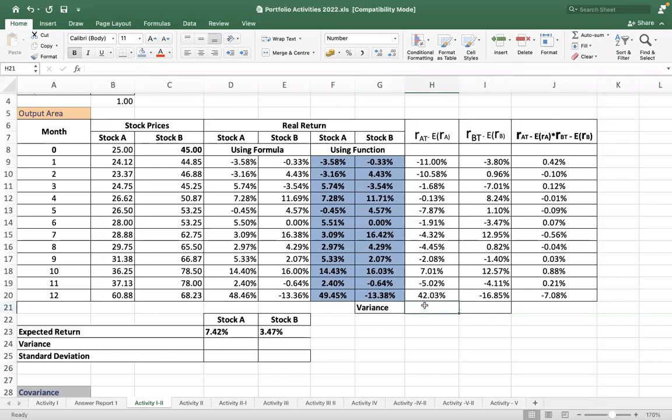So here, since we have the minus, we need to get the squared value.